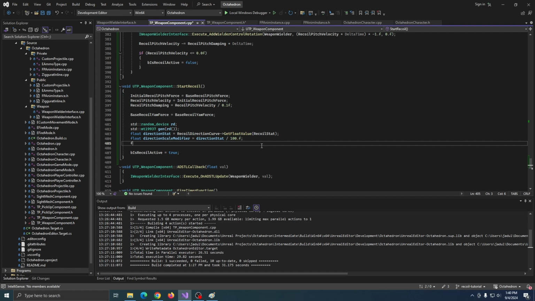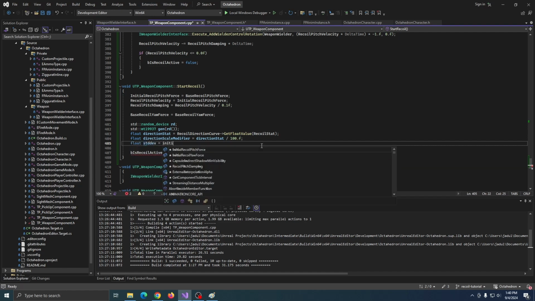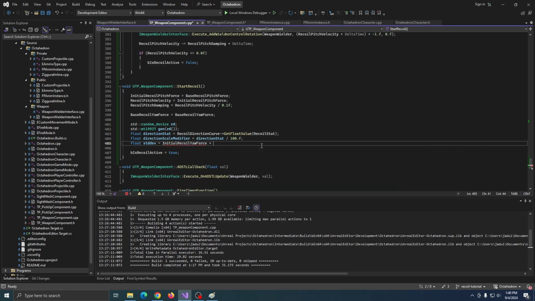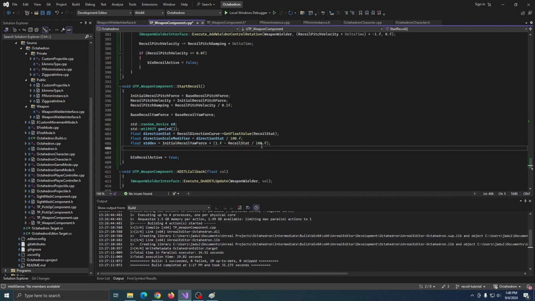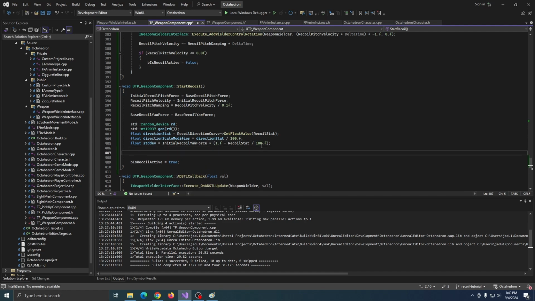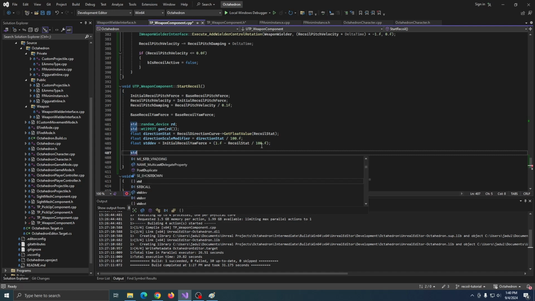Okay, and the standard deviation is gonna be initial recoil yaw force times 1 minus recoil stat over 100. So this is just the standard deviation for our normal distribution. And we can now generate the value itself.